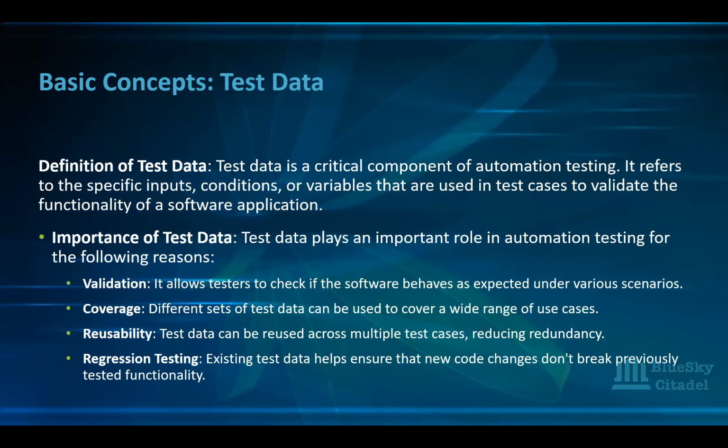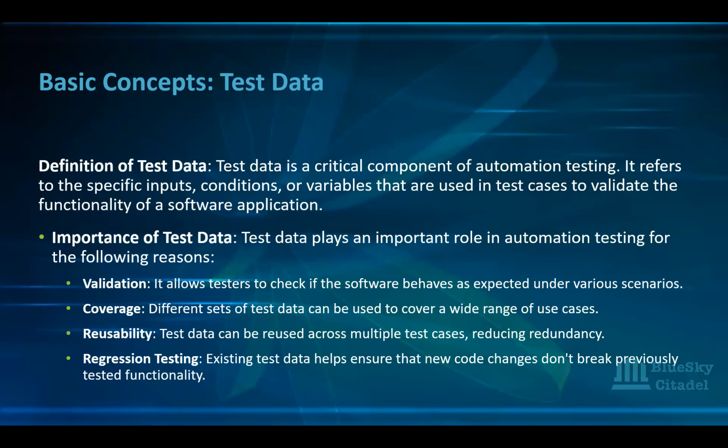So that is the importance of test data: reusability. You can reuse test data across multiple test cases, so you reduce any form of redundancy in your test framework. Then you have regression testing, where we know what regression testing is.